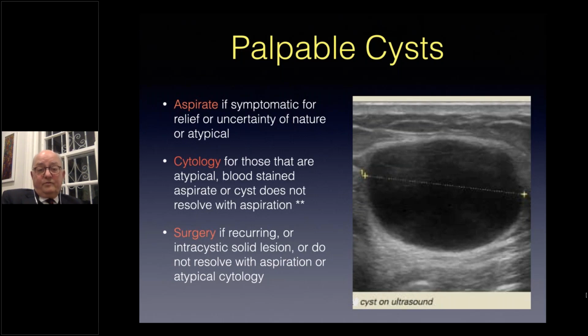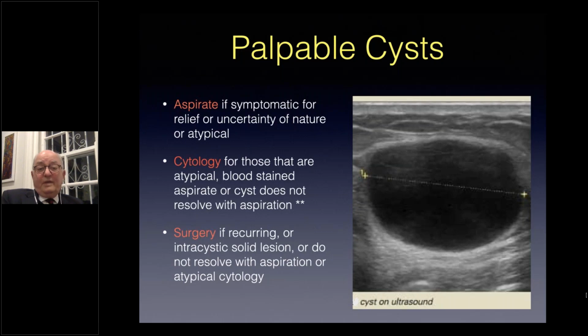Firstly, you send the fluid for cytology, but also I re-ultrasound this person to see whether or not I've completely emptied the cyst. And it might be that with a repeat ultrasound, it's a residual fluid which is loculated, which you haven't aspirated, and once it's aspirated, the lump disappears. Or alternatively, it then shows up that there is some distortion or solid abnormality which needs a further biopsy.